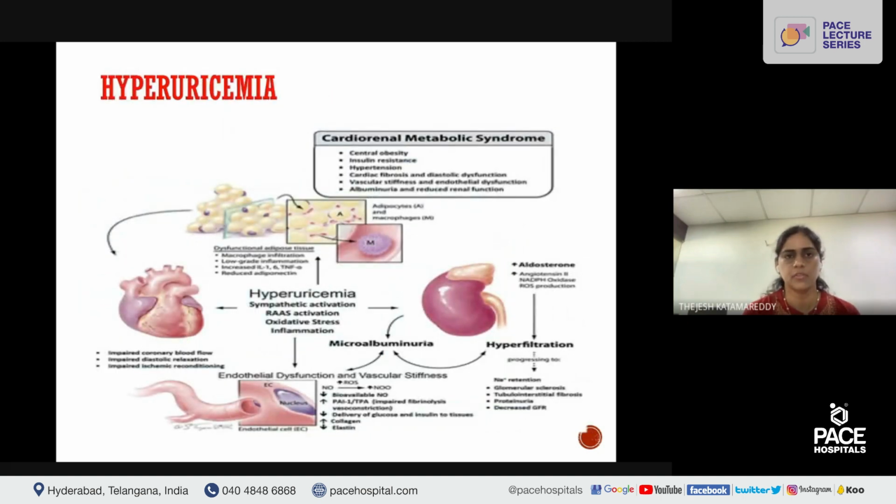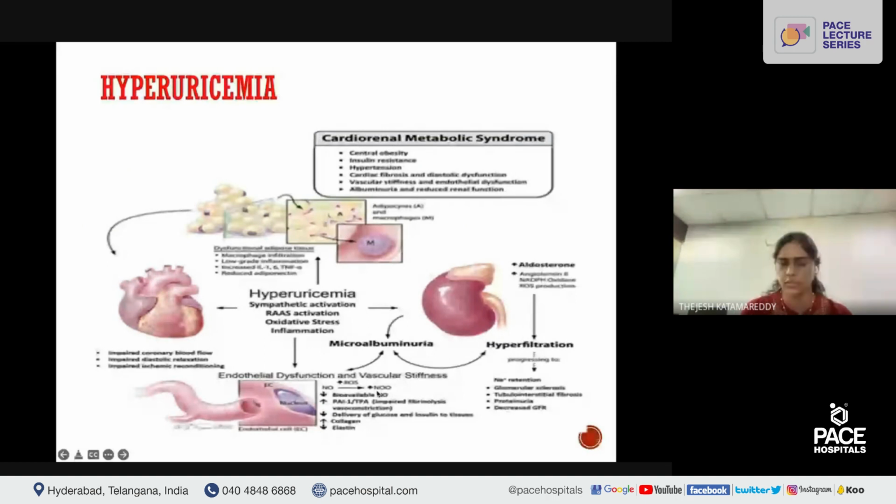Then hyperuricemia is also caused due to metabolic syndrome. This is the mechanism by which hyperuricemia will affect the organs. Hyperuricemia will lead to sympathetic activation, renin-angiotensin system activation, oxidative stress and inflammation, thereby leading to endothelial dysfunction, decreased nitric oxide, and increased reactive oxygen species.